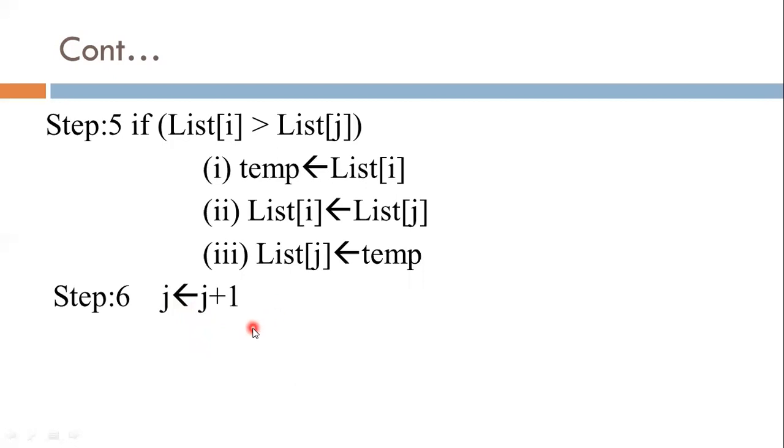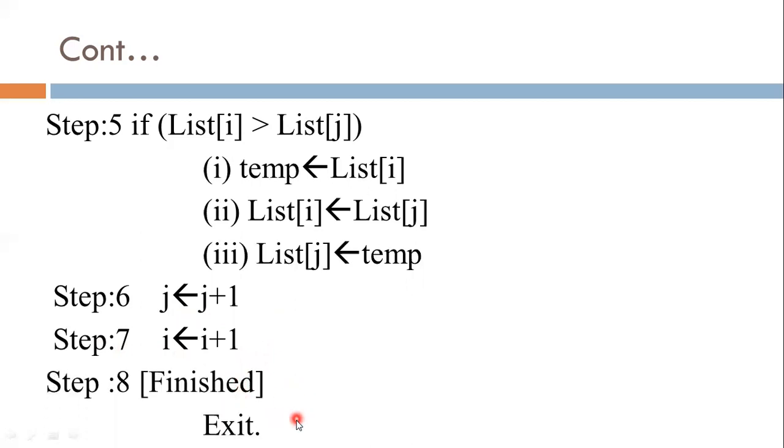Okay, and after completion of step number 1, I go to the next step, step number 2. For the step number I use the variable small i, so I write i equal to i plus 1, and my algorithm is completed, finished, and exit.